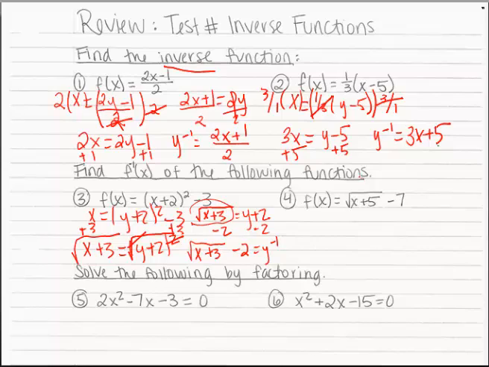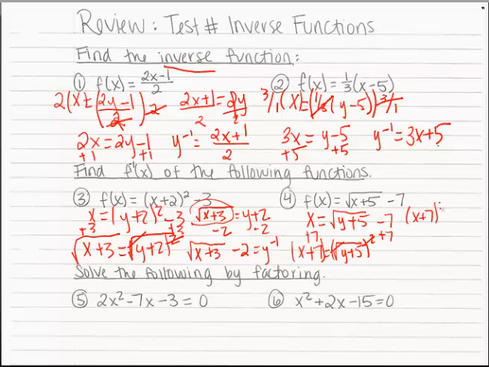So on this one, I'm starting with a square root. I should end with a quadratic. So I get x is equal to the square root of (y plus 5) minus 7. So I add the 7 because it's the standalone number. So I get x plus 7 is equal to the square root of y plus 5. I square both sides because the opposite of a square root is a quadratic.